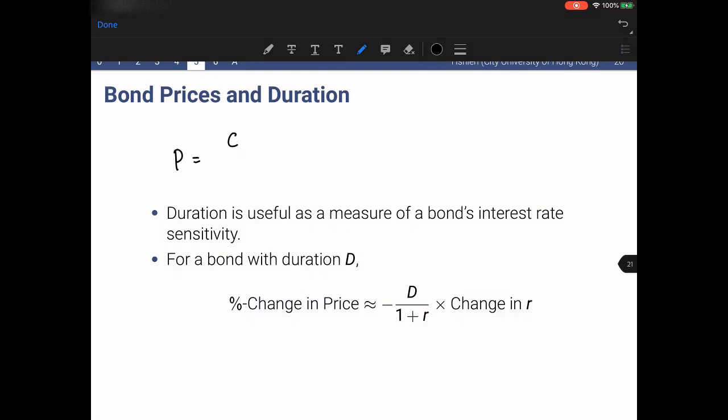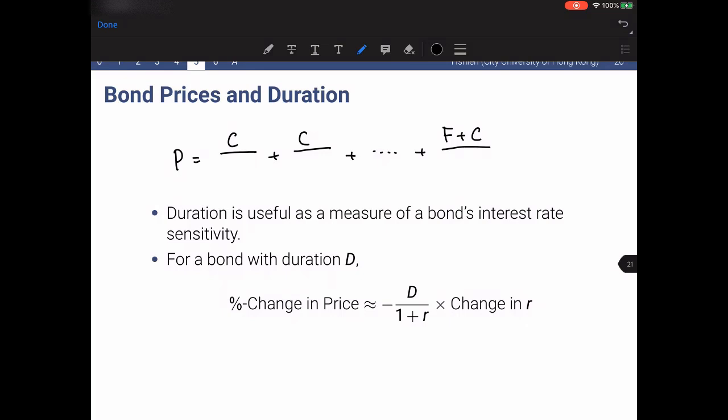So the cash flow payment is C, and let's generalize it to T periods, all the way to the final payment in which we receive our par value. I'm going to use F to designate face value plus the final coupon payment. And it's all going to be discounted by a fixed interest rate, which we're going to call R.